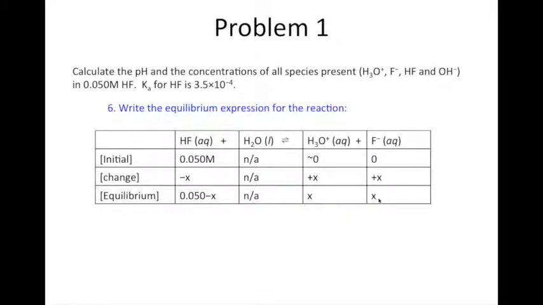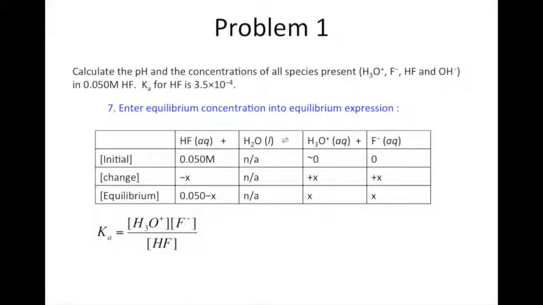Next, let's write an equilibrium expression for this reaction. We know our equilibrium here is an acid equilibrium. We have a weak acid, so we're going to use Ka, not Kb. And we're going to have our products divided by our reactant concentration, everything to the first power. So it would look like this.